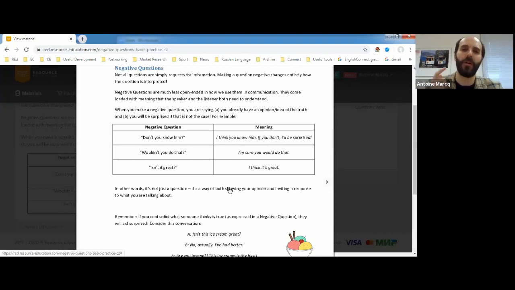For example, negative questions are an interpretation. Negative questions are much less open-ended. What we want to do here is stress the fact that there is a meaning, there is an implication when we ask negative questions.